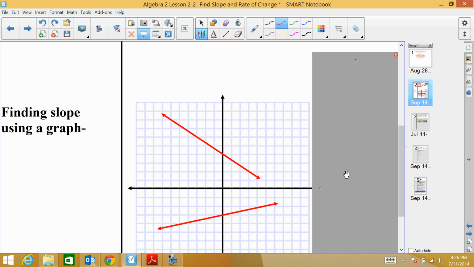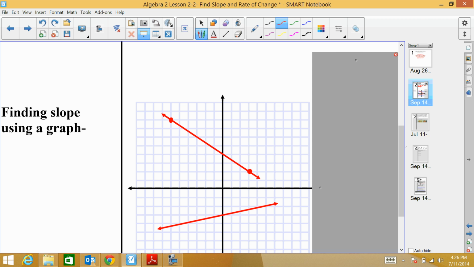Okay, now if you want to find the slope using a graph, there's a couple ways you can do that. You can pick 2 points on the line and use the formula that we just used before, or you can pick points on the line and count the rise over the run. So I'm going to pick some points on this line that I can see easily.